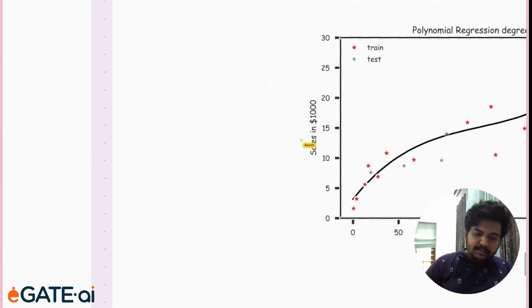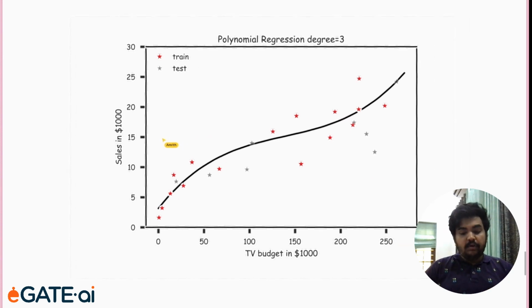So let us say we take a polynomial regression with degree equal to 3. Now the function that we can learn here has become more expressive, or it has gone beyond what straight lines can essentially represent. So with a polynomial regression of degree 3, we may get a function as shown here.